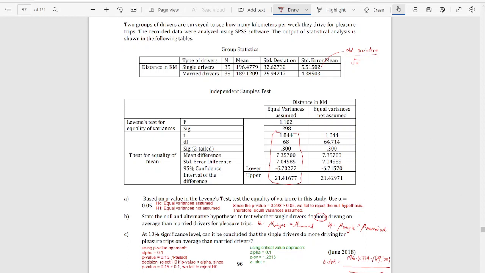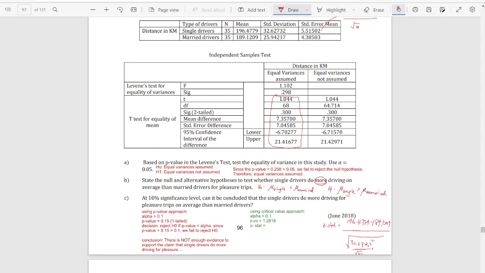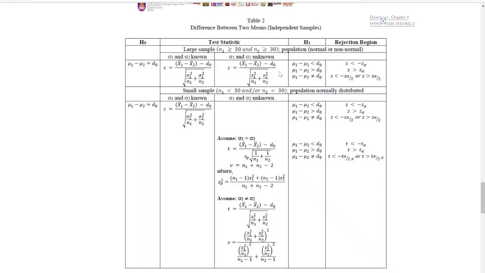Okay, so it is a coincidence that the t value is equal to the z value. This one is equivalent to this one, even though it uses a different formula, but using the values that we have, we get approximately equal values. Normally we should use t, but here we use z.